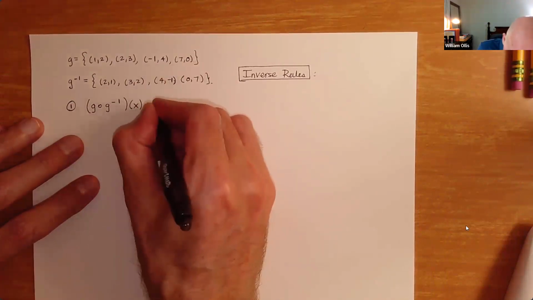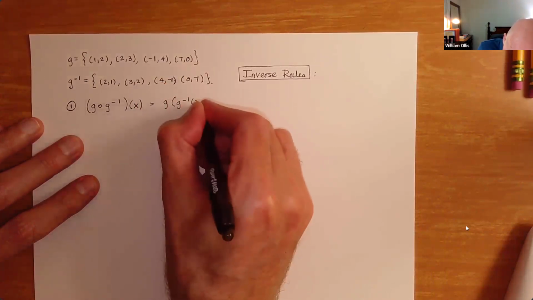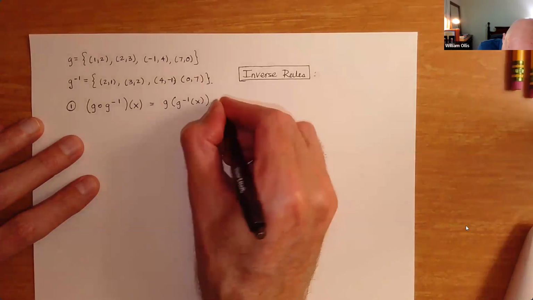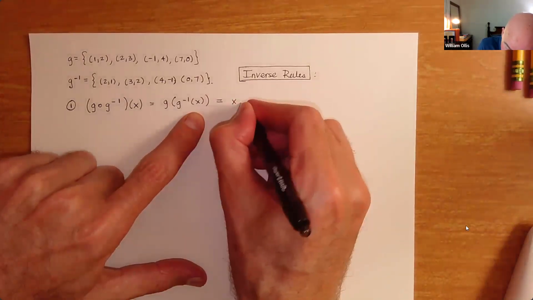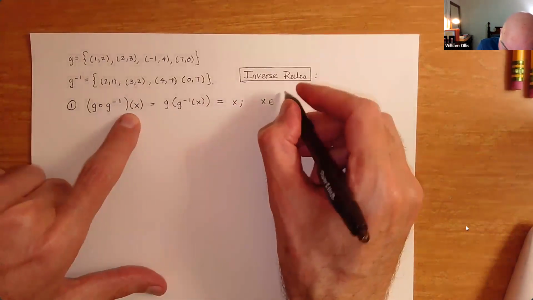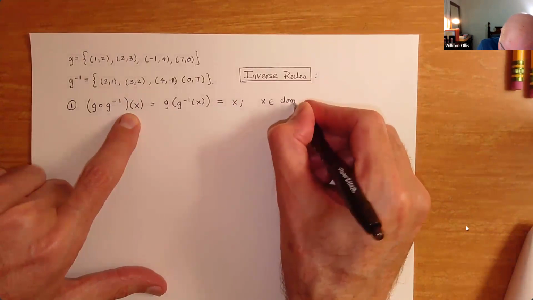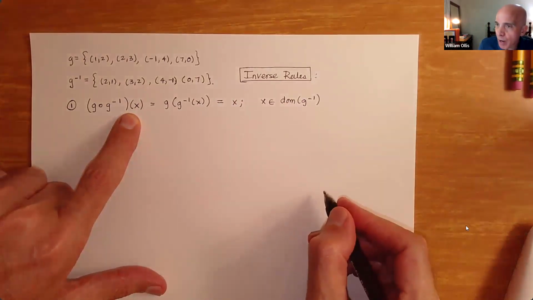So this would be G of G inverse of X. So this should be X. And we would say for X in the domain of the inverse function, which is actually the range of G, right?